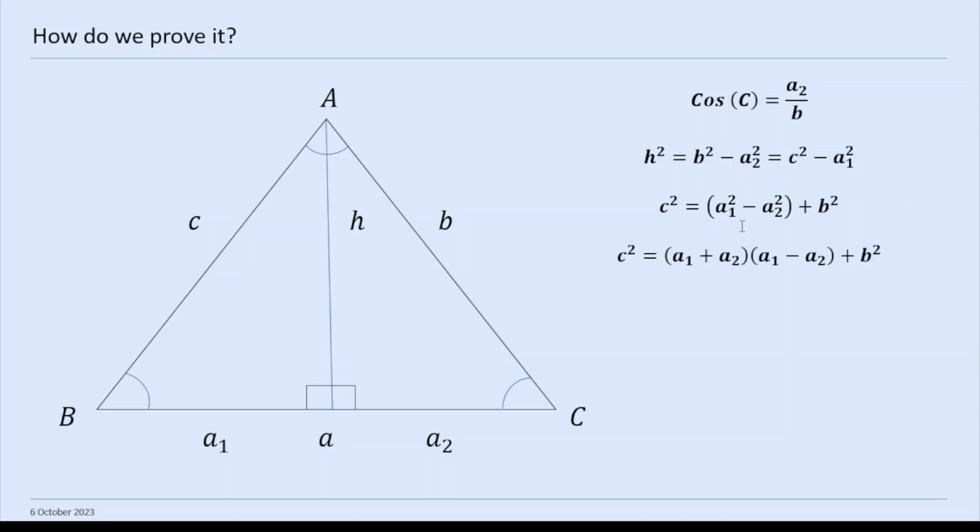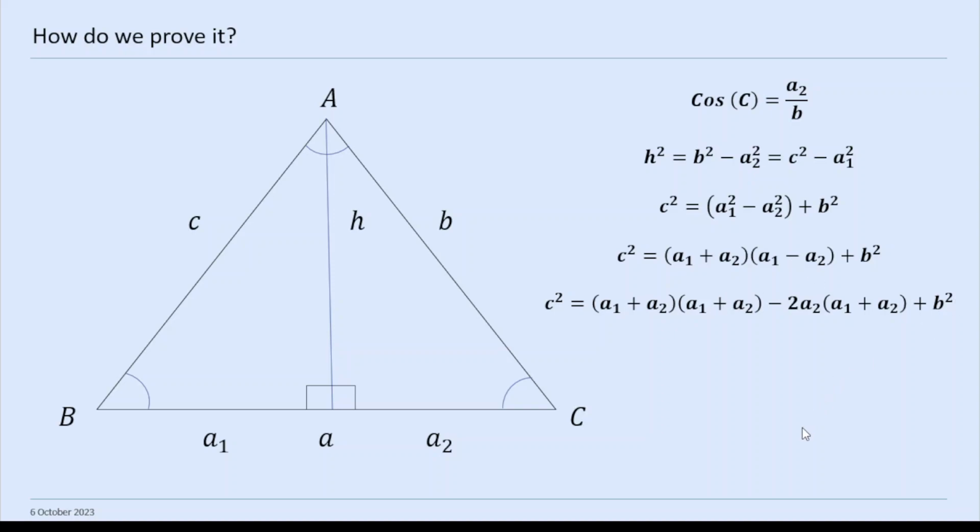Then we factorize a1 squared minus a2 squared as a difference of two squares. Basically what we have here is minus a2 times a1 plus a2, and we're going to change that to plus a2. But by doing that, we have to take off 2 times a2 times a1 plus a2, which makes it the same as above.